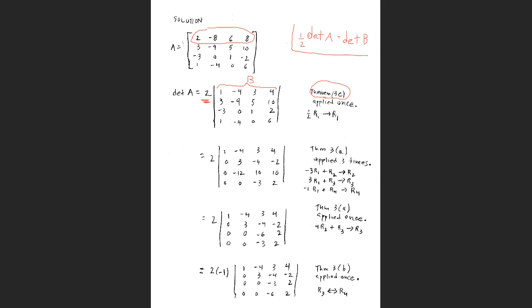But effectively, what I'm doing is utilizing theorem 3C, because I multiplied this first row by a half, the half is my K, to produce this new row in my new matrix B. That means the determinant of B has to equal 1/2 times the determinant of A. And therefore, the determinant of A equals 2 times the determinant of B. So I'm trying to justify this step.